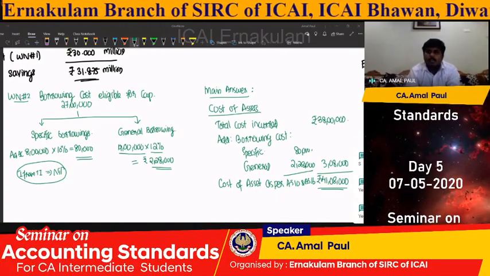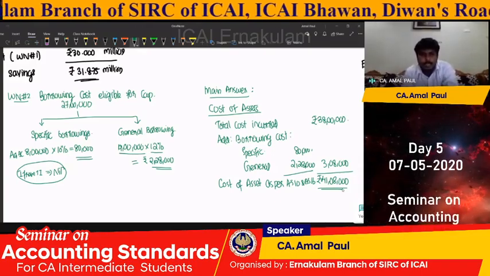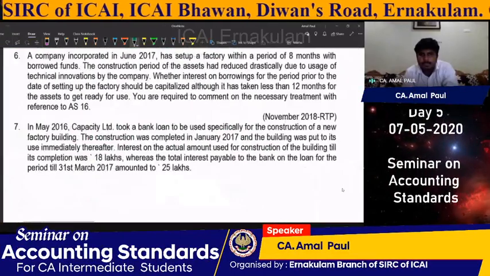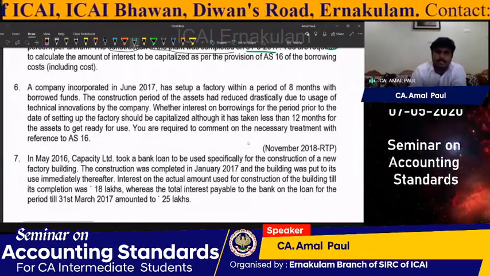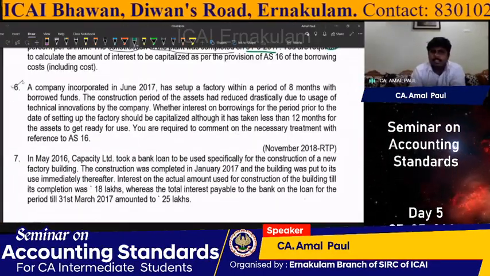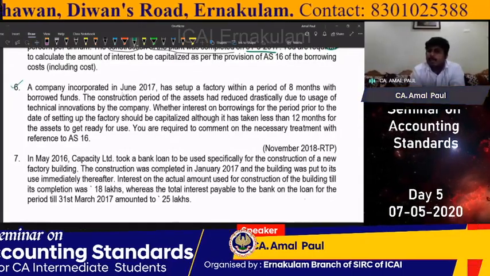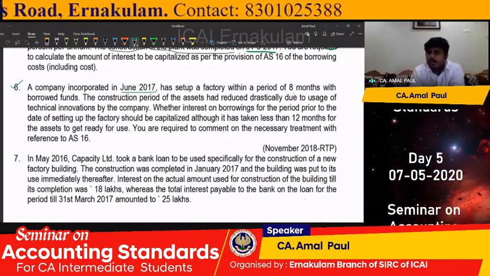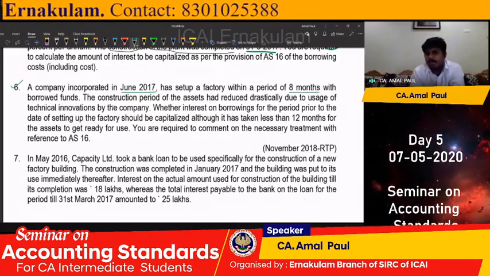Okay. So what we will do is that we'll be having some more questions from RTP. So if you check this question, a company incorporated in June 2017 has set up a factory with a period of 8 months with borrowed fund.